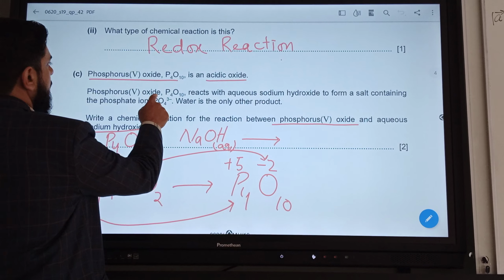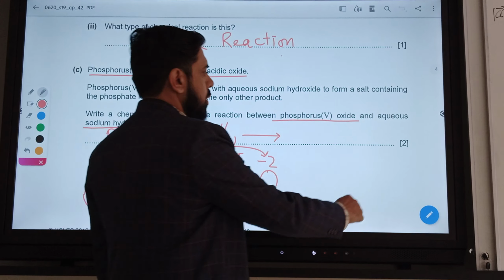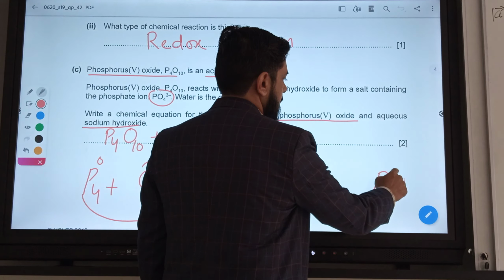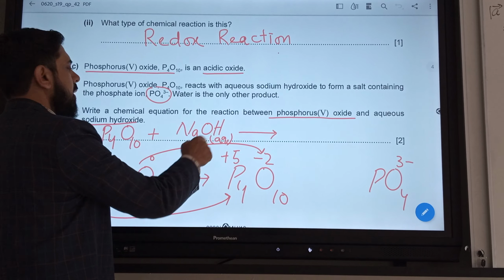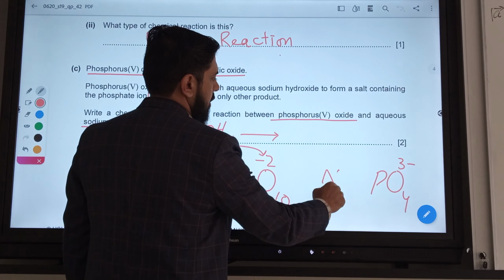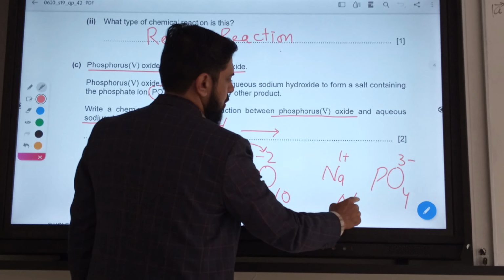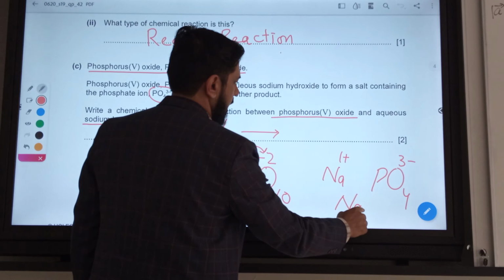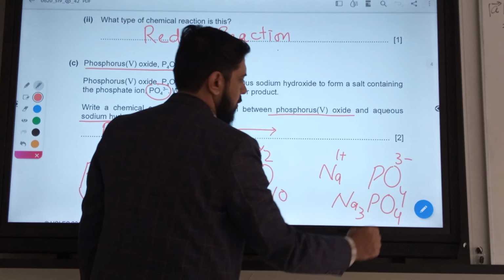And again, the hint for us is that it contains the phosphate ion. So the phosphate ion is PO4 3 negative, and from the sodium hydroxide, Na with 1 plus charge, they will combine to produce the formula of the salt, Na3PO4.